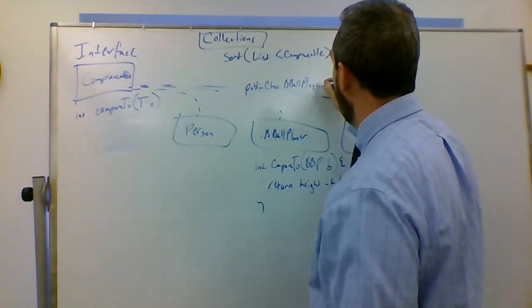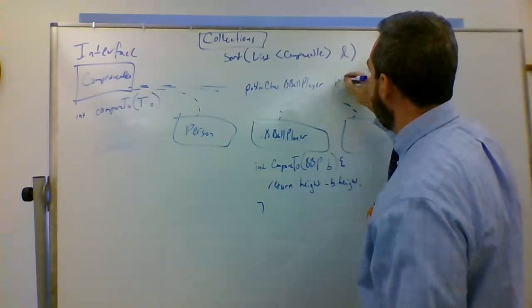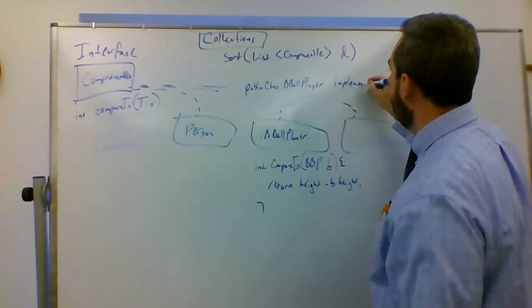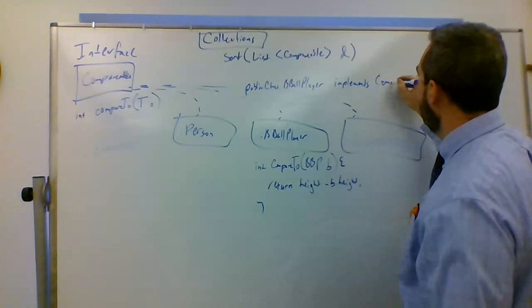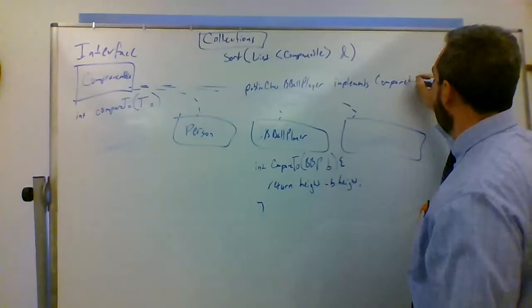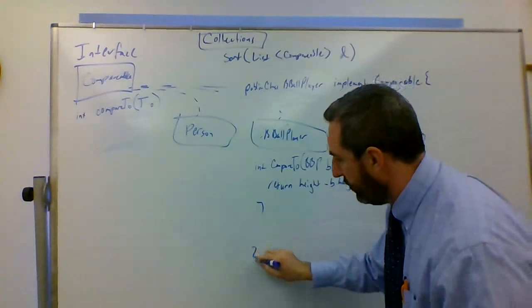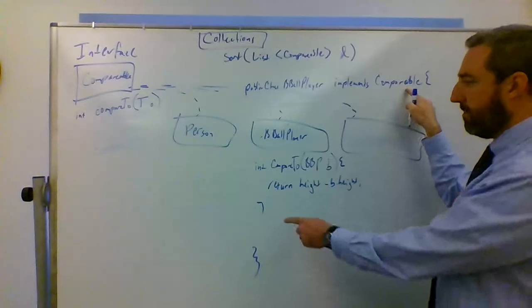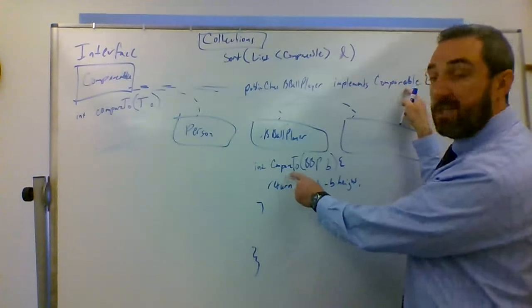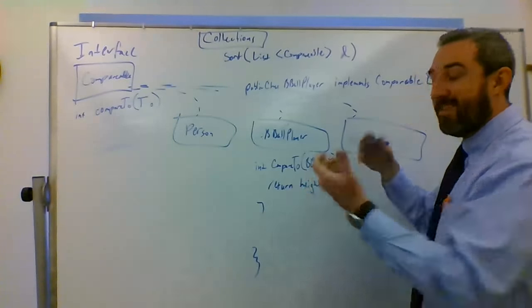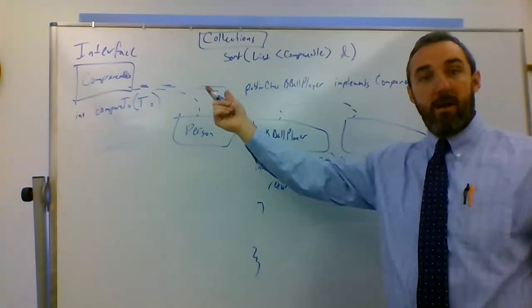All I need to do is say implements Comparable. And then as soon as I say implements Comparable, my IDE is going to expect me to write this method. And if I do that, I've done it.